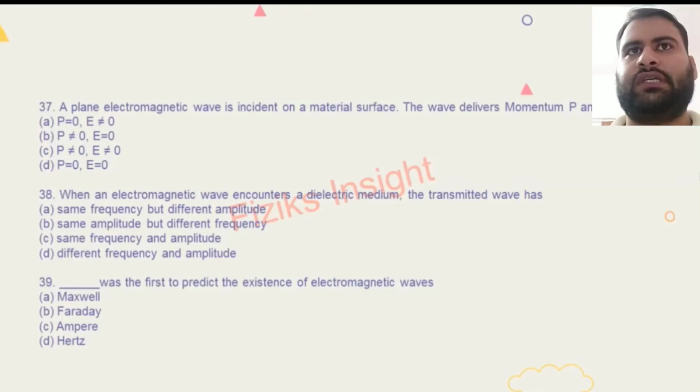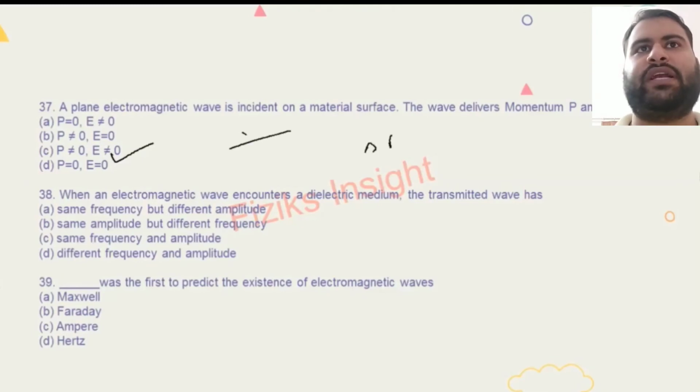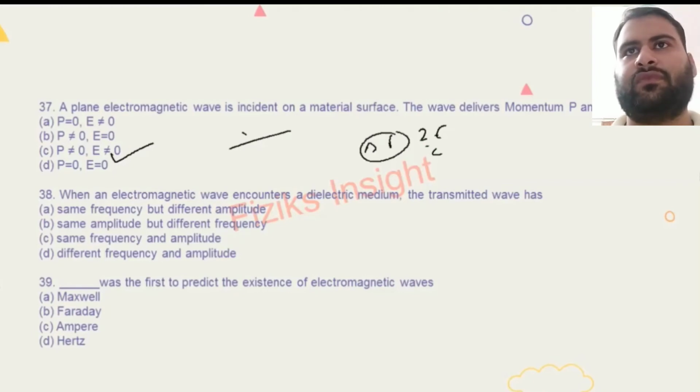the C part. As we have also done in the previous questions, when a photon hits a surface, the change in momentum comes out to be 2E upon C. Okay, so change in momentum is not 0. This change in momentum is the momentum delivered by the photon to the surface.